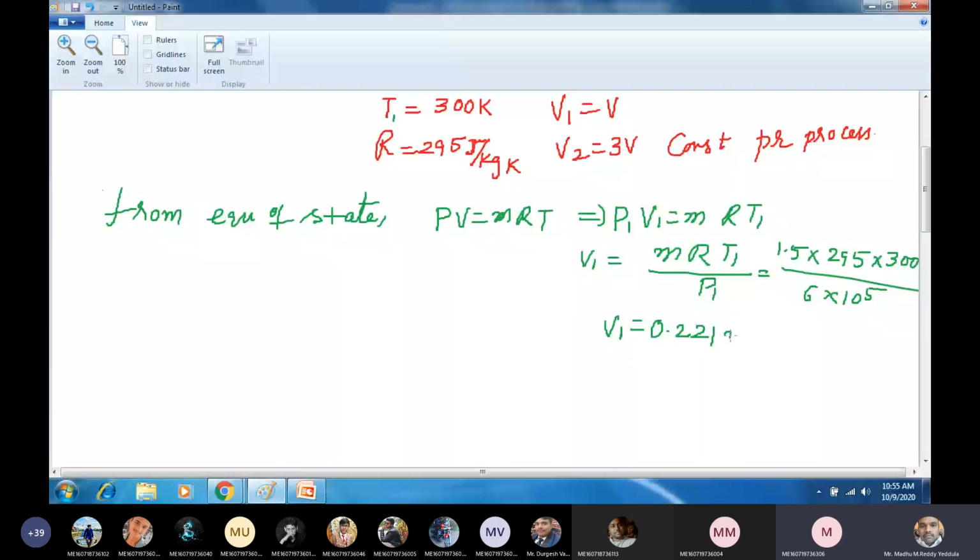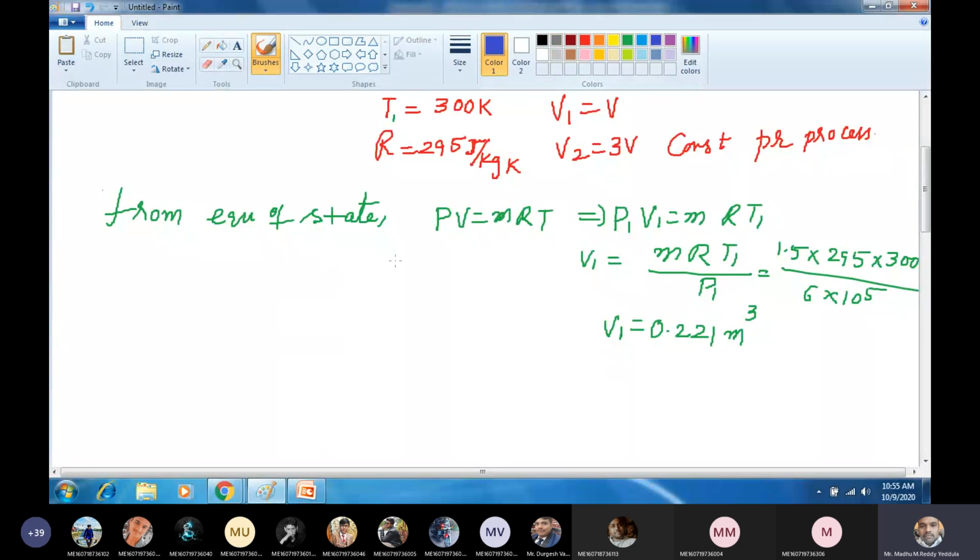Anyone want how to write the units? Need not remember anything. Let me balance the units. What are the units for the mass? Mass in kg. R is in joules per kg Kelvin, into temperature in Kelvin, divided by pressure units Newton per meter square. Now kg and Kelvin cancel.